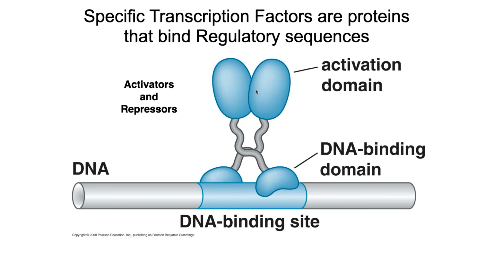More often than not, it recruits maybe the general transcription machinery like the TF2A and B and so on and so forth, or chromatin modifying factors. So we're going to look more at that when we talk specifically about the regulation of transcription in eukaryotes.